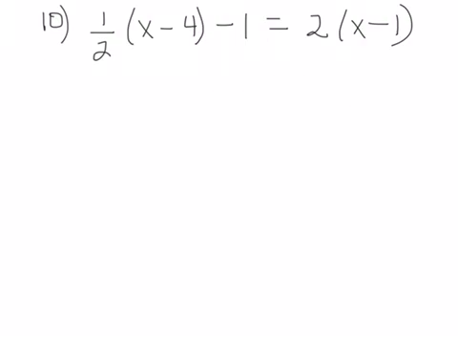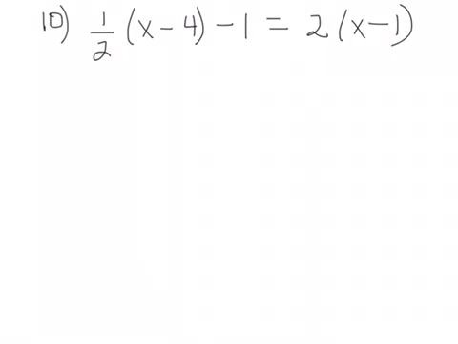Let's try one more. A bit more involved. Is there anything we can do to simplify what's in the parentheses? Any like terms or anything like that? If you said no, you would be right. Do we have any distributing that can be done?